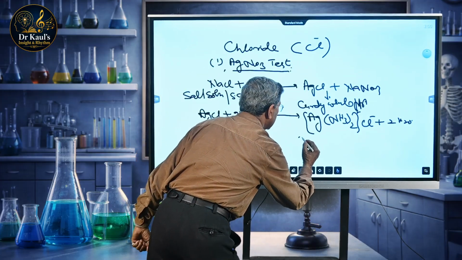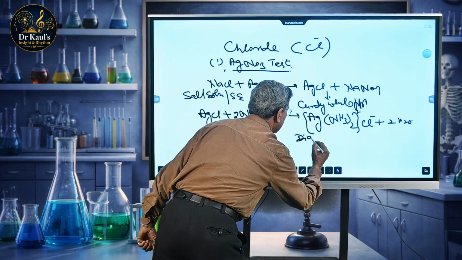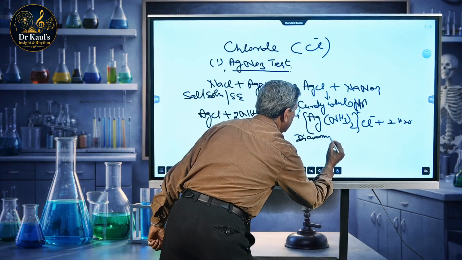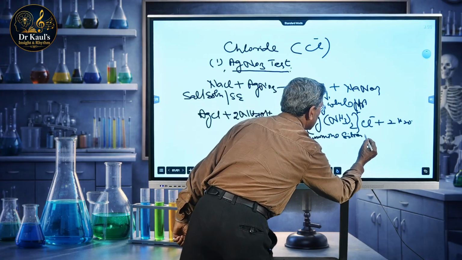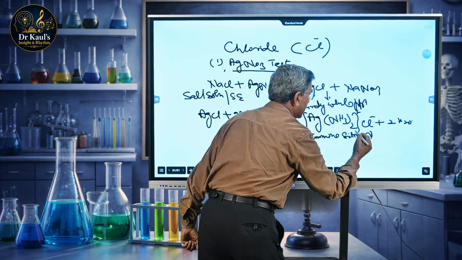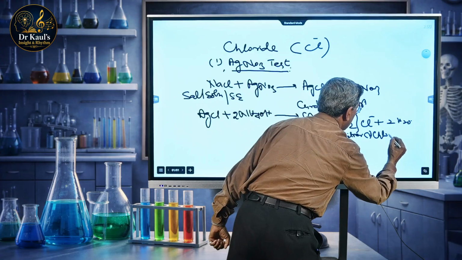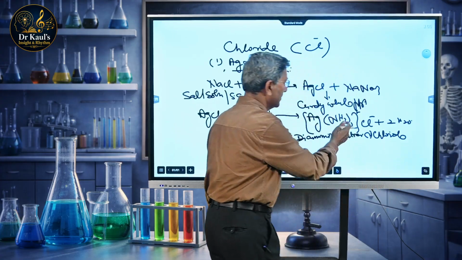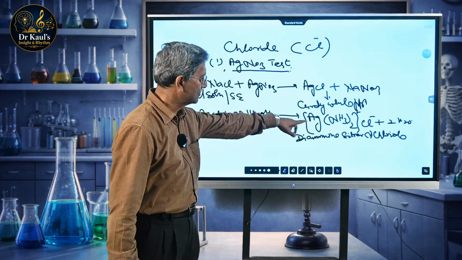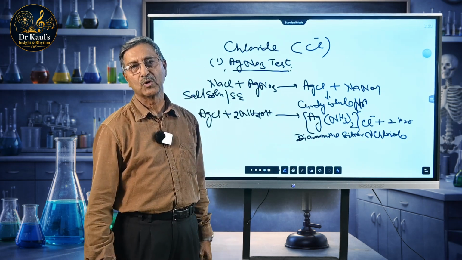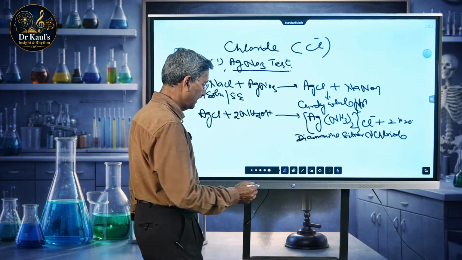This is known as diamminesilver(I) chloride. This is a complex compound, and this complex is water soluble. Hence that white precipitate gets dissolved in ammonium hydroxide, or ammonia.